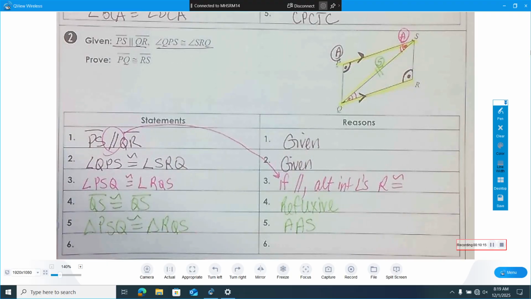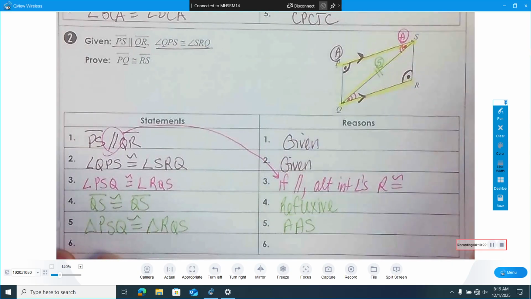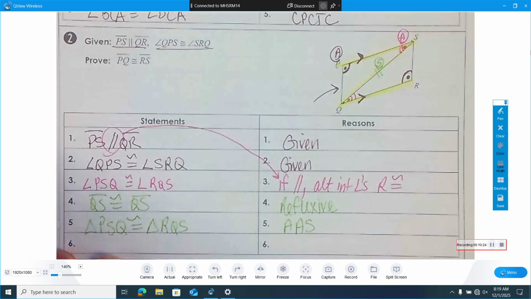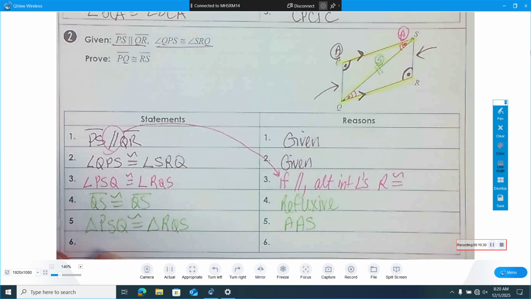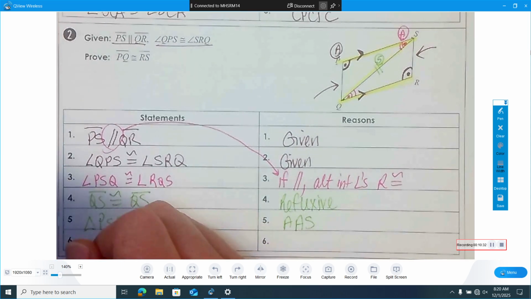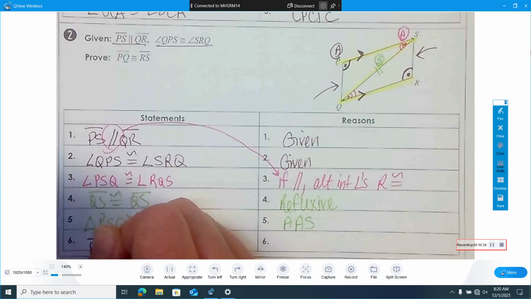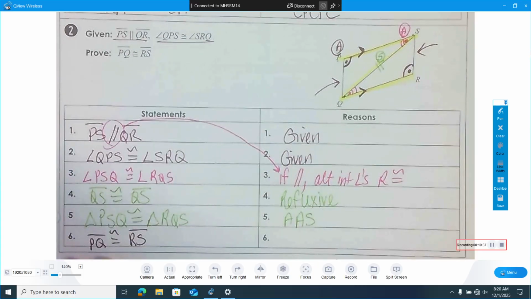All right, so then if those triangles are congruent, let's look. PQ is this segment right here, and RS is this segment right here. Are they going to be congruent? Yeah, they are. So segment PQ is congruent to segment RS by what reasoning?